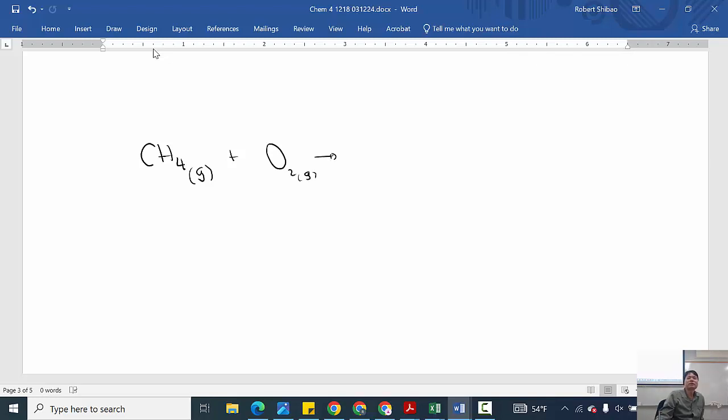But what forms from this? This is a combustion reaction. Carbon dioxide, which has the formula CO2, and not hydrogen.